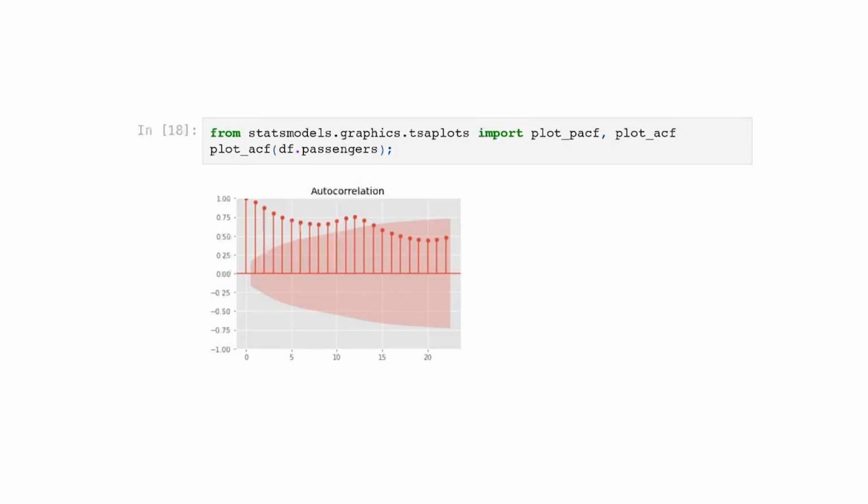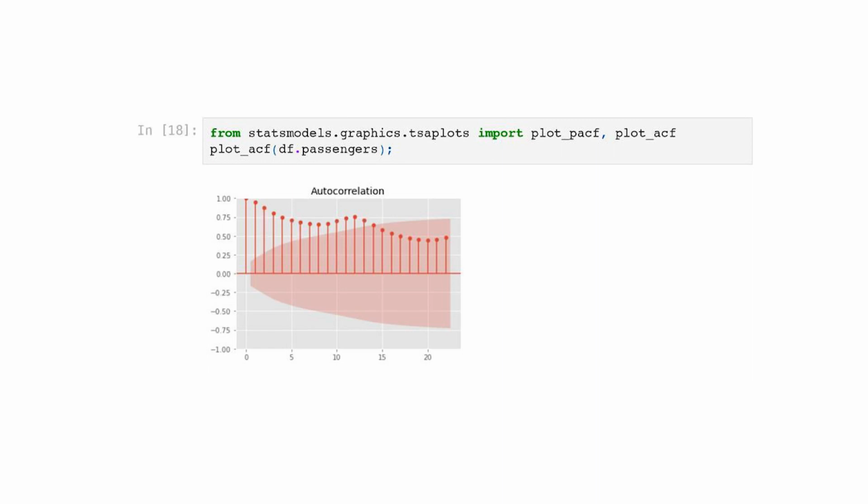Autocorrelation is a measure of how well a particular dependent variable is correlated with itself, specifically with values from the past, right? And autocorrelation functions can be easily plotted in a way where the y-axis is the strength of correlation varying from -1 to +1, and on the x-axis you have different lag values.